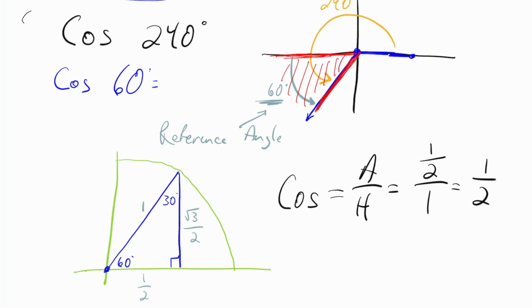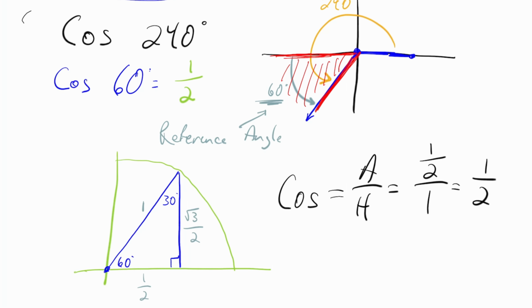So the cosine of 60 degrees is just equal to, we'll just put it over here, 1/2. Is then our final answer going to be equal to 1/2? Is the cosine of 240 exactly the same as the cosine of 60? Yeah. All right, so I'm going to write that down, 1/2, right?